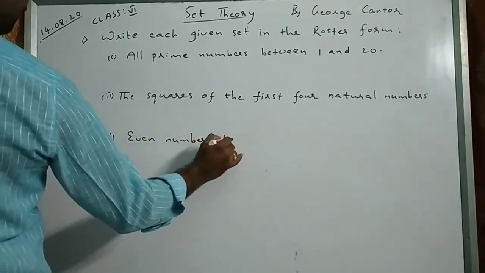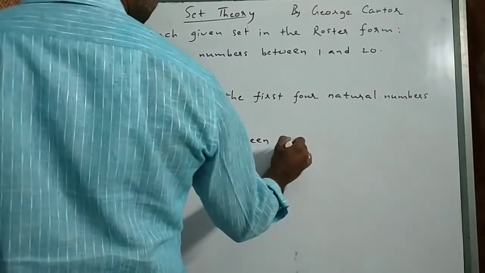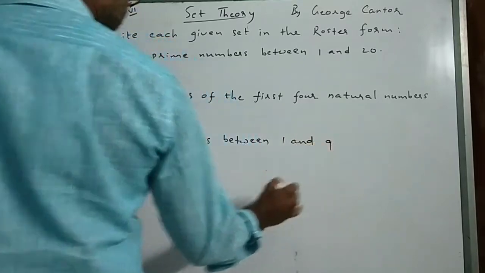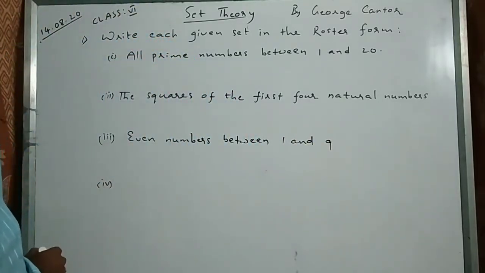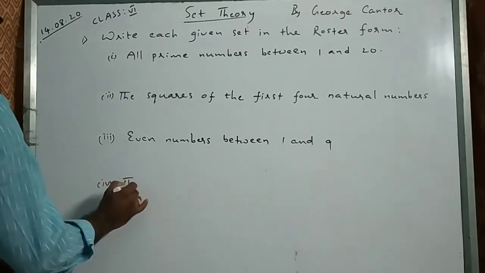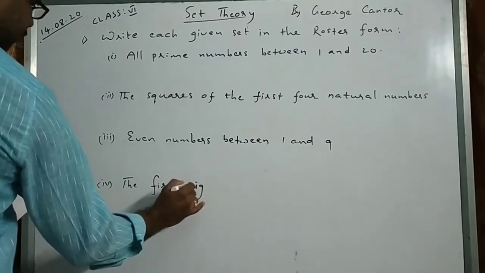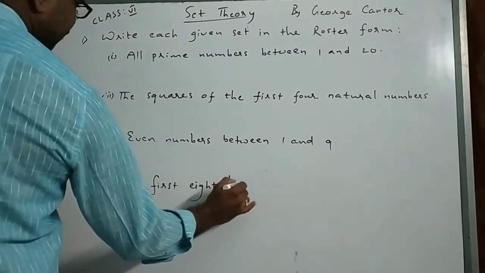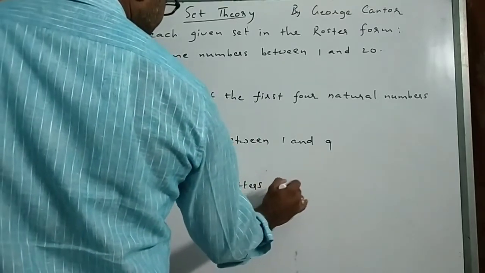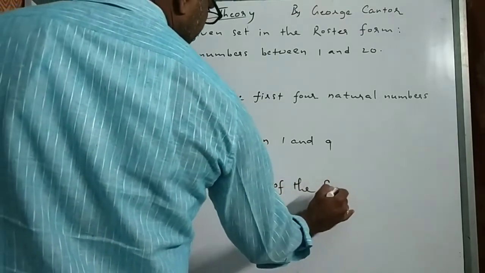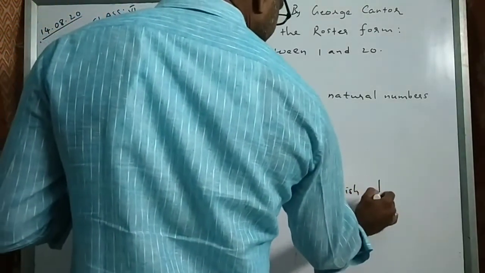Even numbers between 1 and 9. Fourth one. The first 8 letters of the English alphabet.